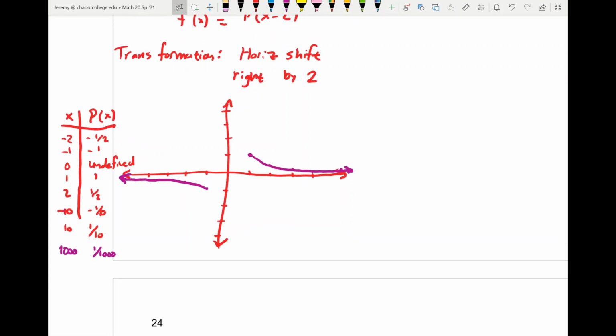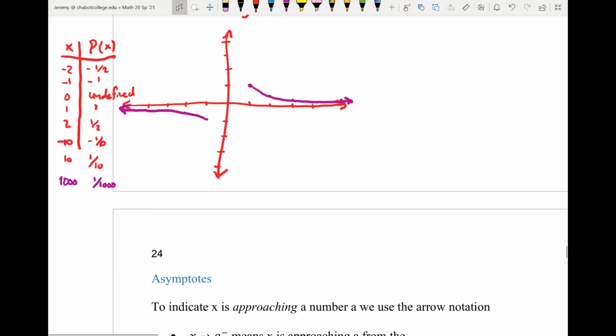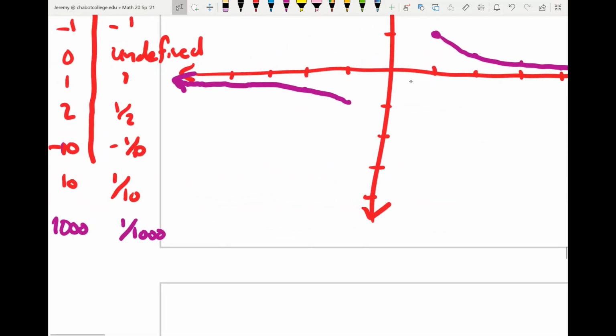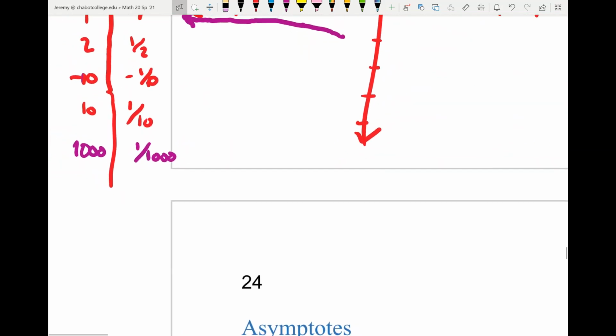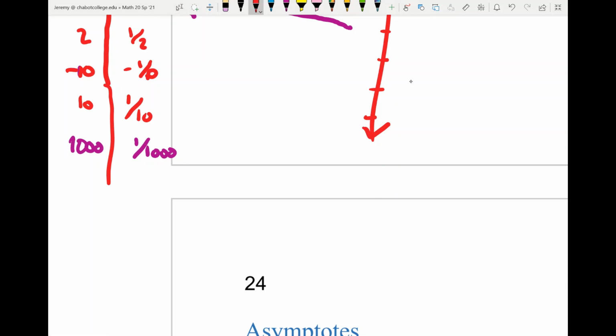And then, okay, what about as x gets really, really close to 0, right? So still working on my table of values here on the left. What if I plugged in some really small number that's really close to 0? How about from the right, what if I put in 1/1000?